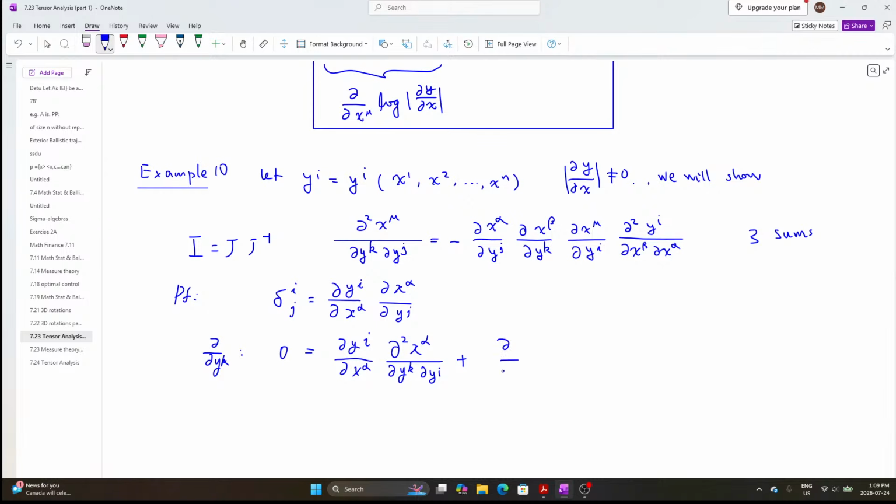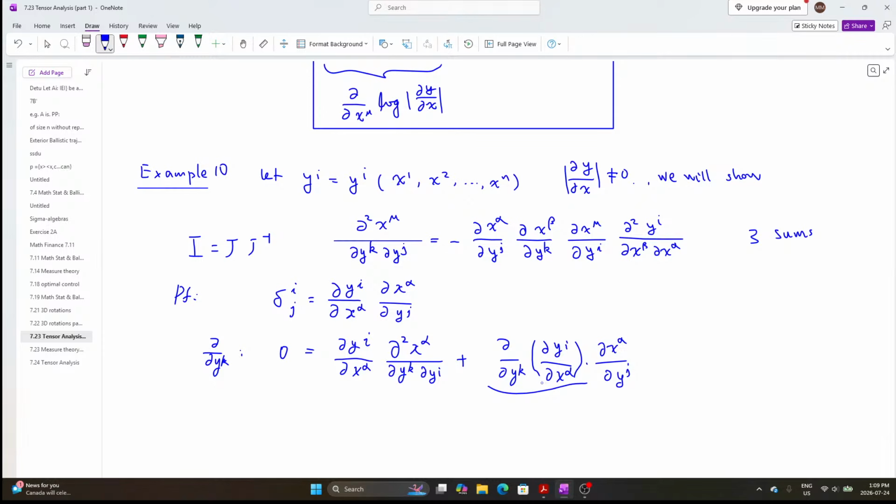Let's just write it slowly. d over dyk of the first factor, dyi over dx alpha, and then times dx alpha over dyj. So how do you expand that?